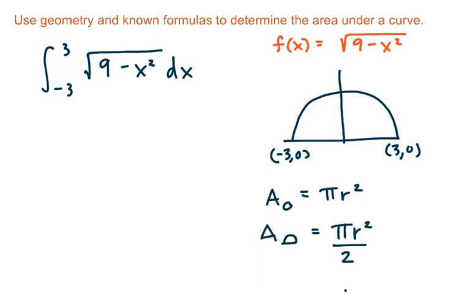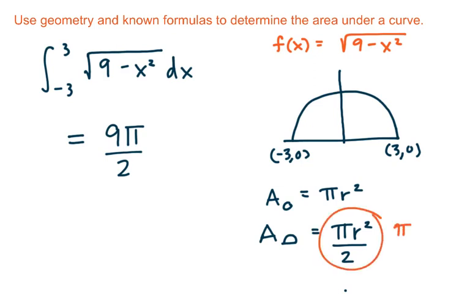Therefore, the area of the semicircle, what the answer to this integral would represent, would be 9 pi over 2, because I'm plugging that radius 3 in here. Pi times 3 squared over 2. And so that 9 pi over 2 represents the area of this shaded semicircle. One thing to notice is that everything we were calculating the area of in this situation was above the x-axis.